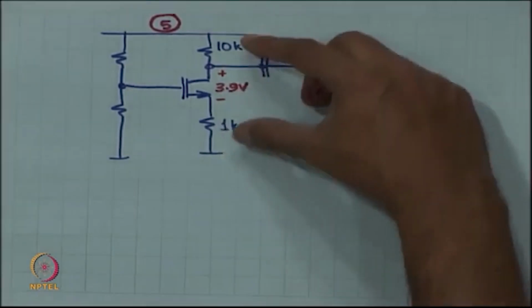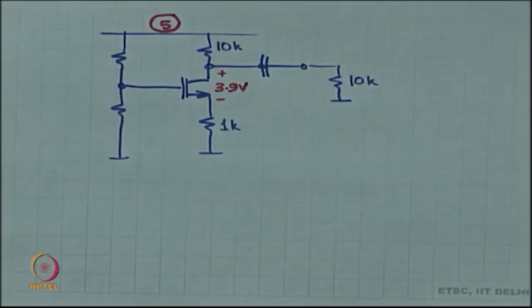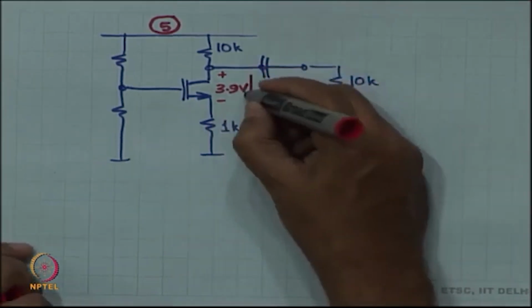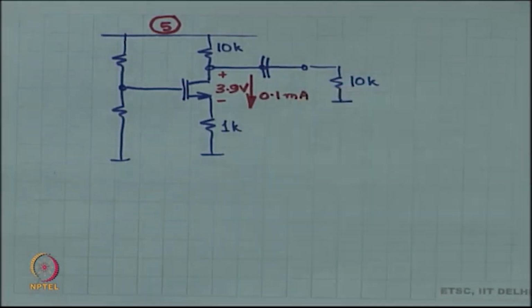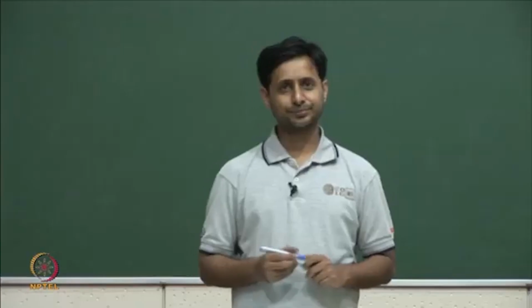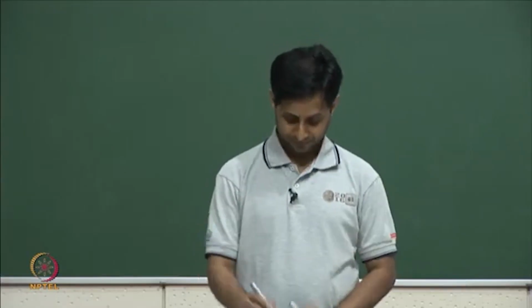So 1.1 volt between these two resistors, which means I can afford a current of 0.1 milliampere. So this current is 0.1 milliampere at DC. All right. So this is where we start from. Now, just by the way, what is the gain of this circuit?